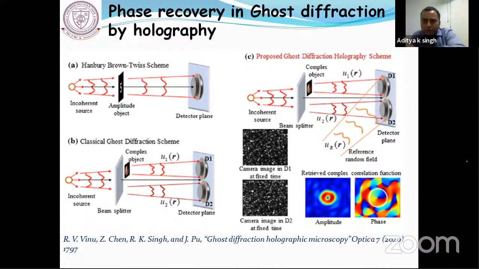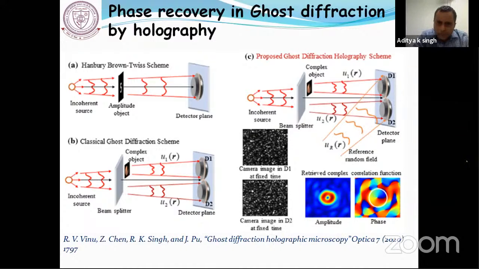One portion is a reference, and the third is the reference random field, which goes towards the port detector. Since this reference field is completely independent from the first source, there will be no correlation between these two light sources. So when you find the intensity correlation, their cross-correlation term will cancel out.